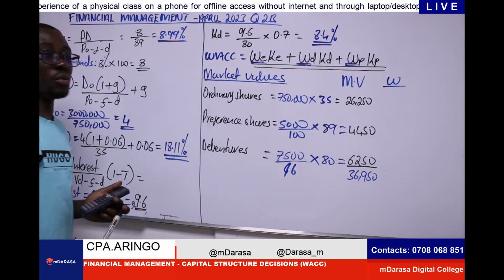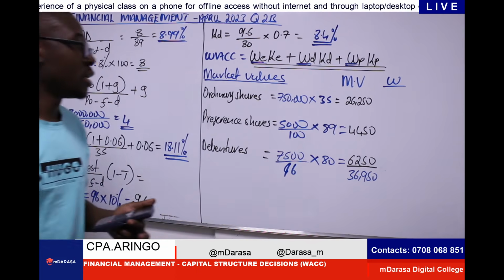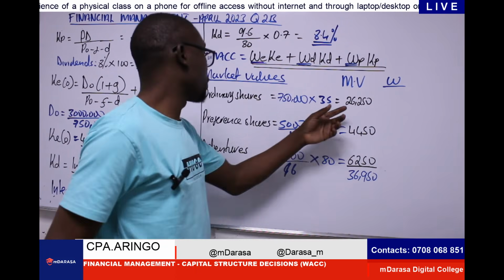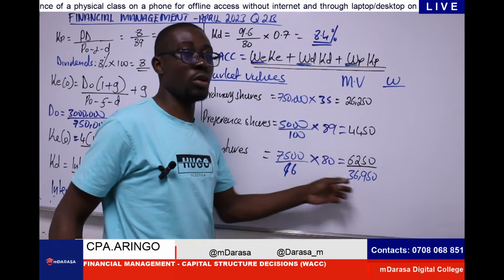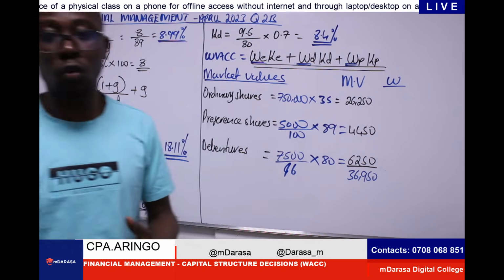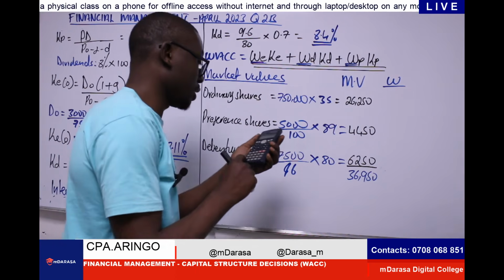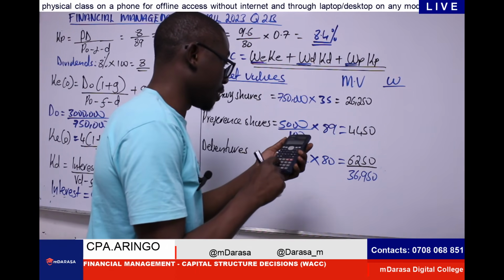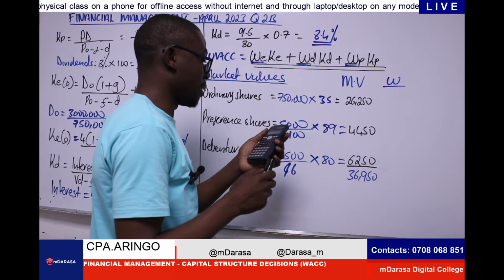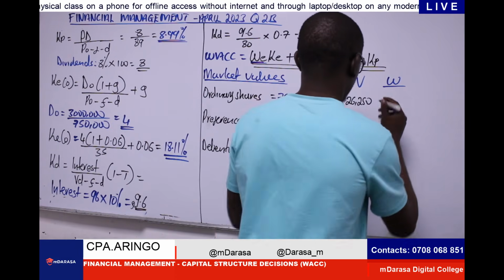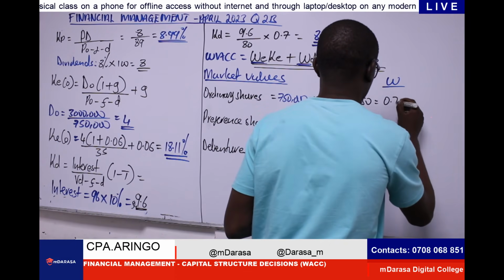To determine our weight, this will be very simple, because I need to determine the proportion of ordinary shares to our total. All I'll be required to do is take 26,250 divided by 36,950. In this case, I'm having 0.7.